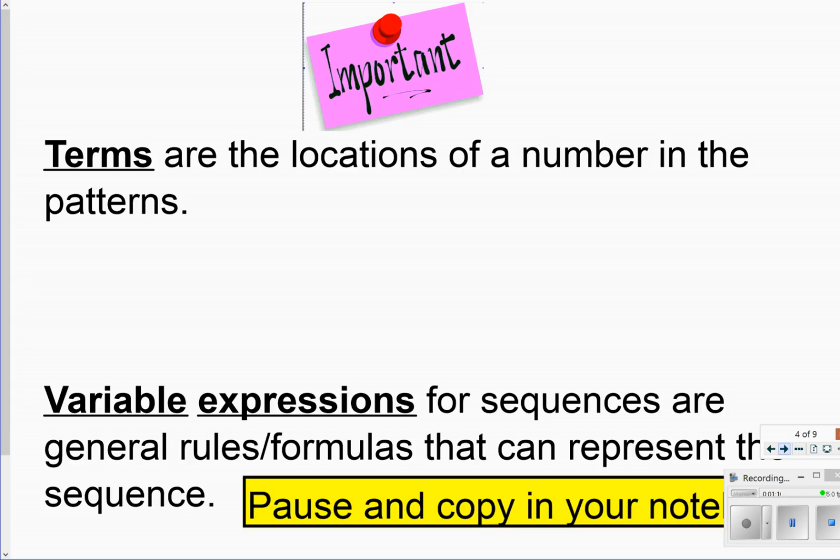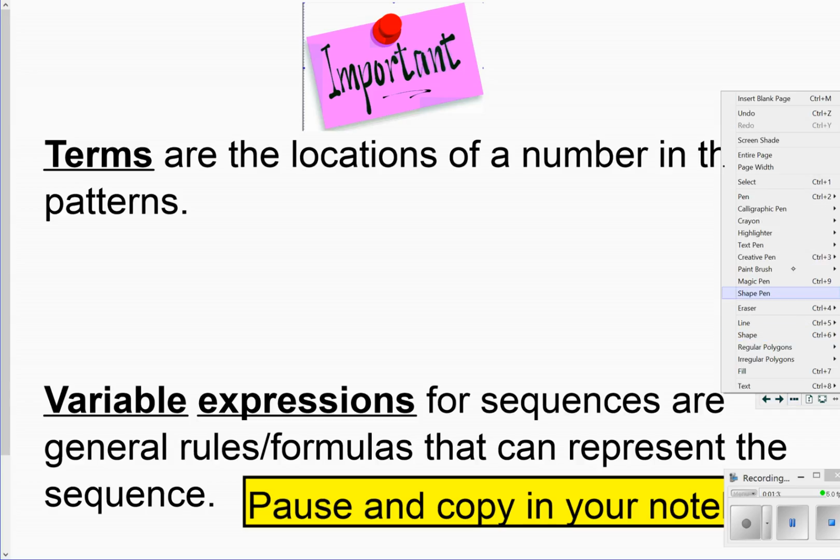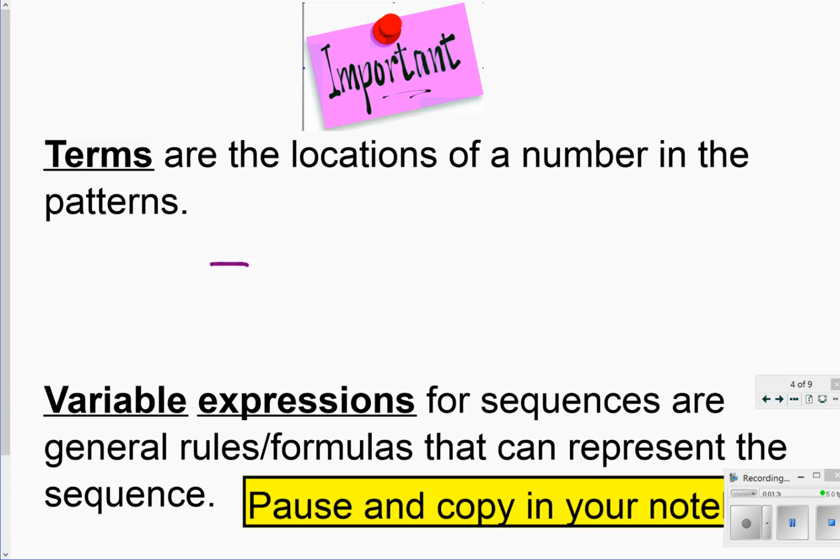Well, what is important to know is what terms are. I said terms a lot in those last two slides. A term is the location of a number in the pattern. So for instance, if I said 7, 10, 13, 16, if these were our pattern, we can see that it's a growing pattern.